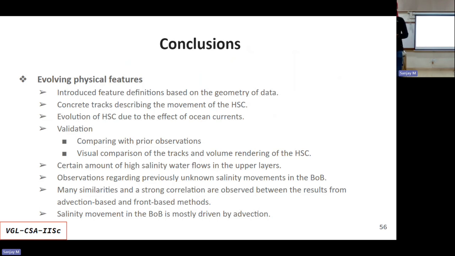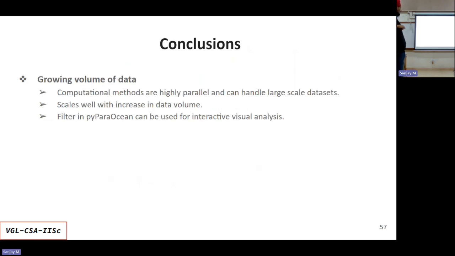Other phenomena don't add much to that. We see that there is some movement in the upper layers of the Bay of Bengal, because we restrict our study to only 200-meter depth, which is not that deep.